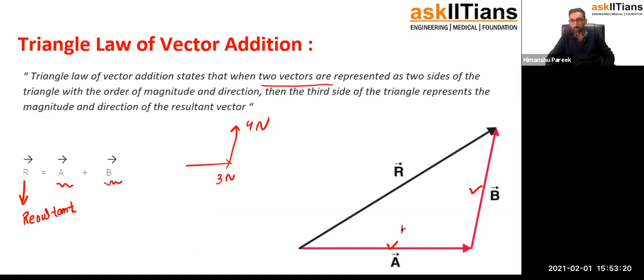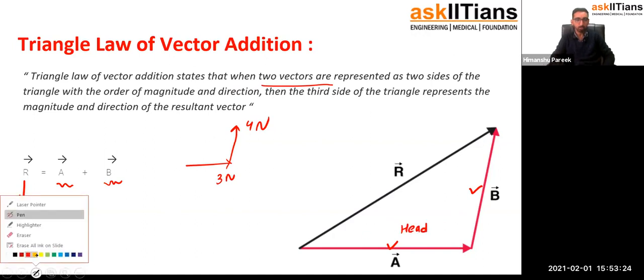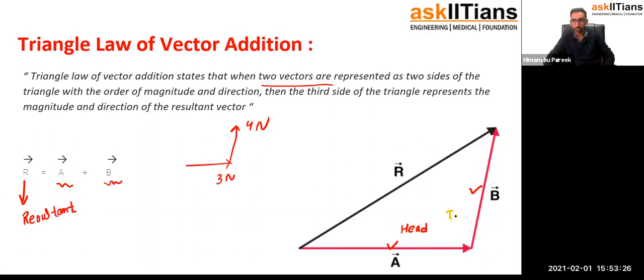Head of this vector is joined with the tail of another vector. You should notice this. Head of the A vector is joined with the tail of B vector. You have to keep it like that. Otherwise, triangle law won't be valid. So head of one vector is connected with the tail of another vector.